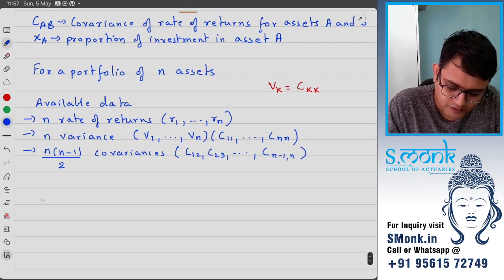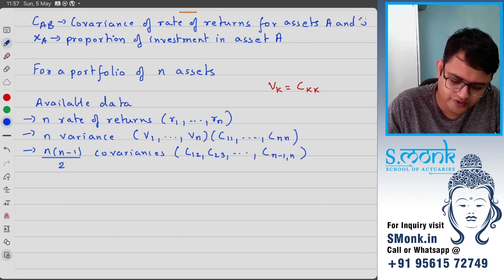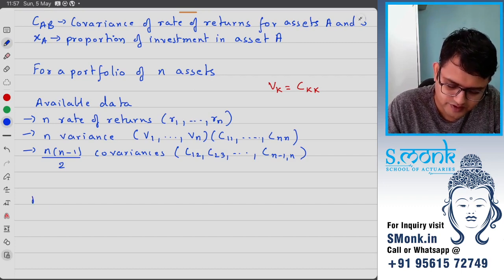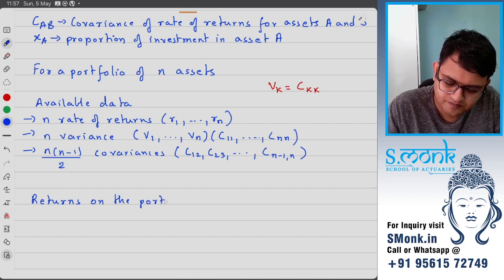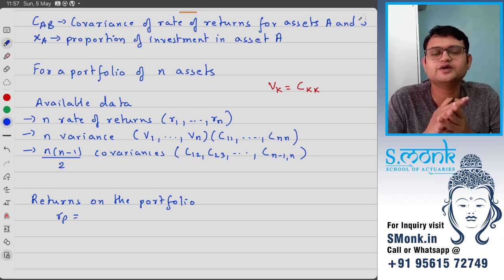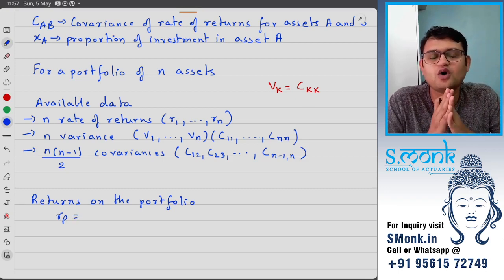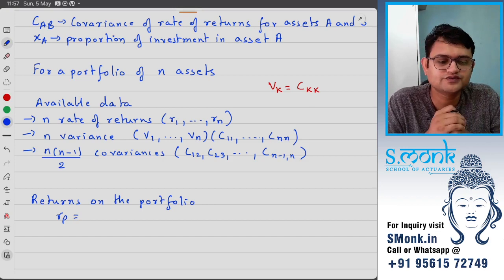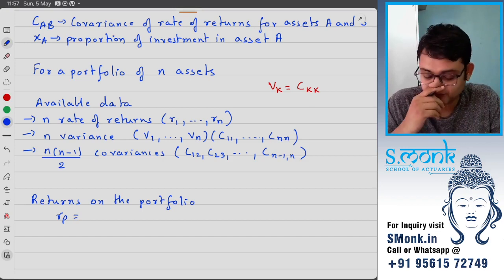So I'll say RP, returns on the portfolio. RP would be nothing but a combination of all the returns from each of these investments.